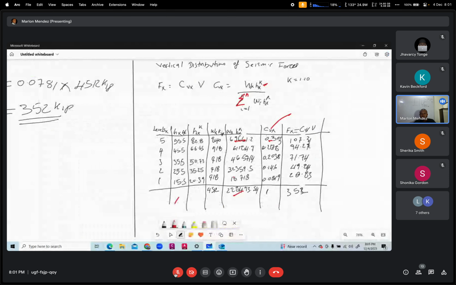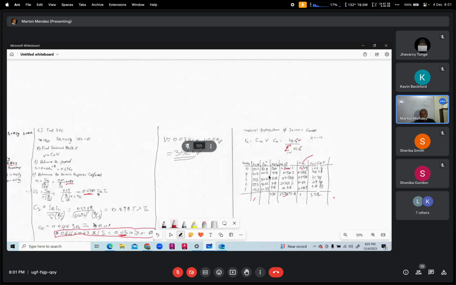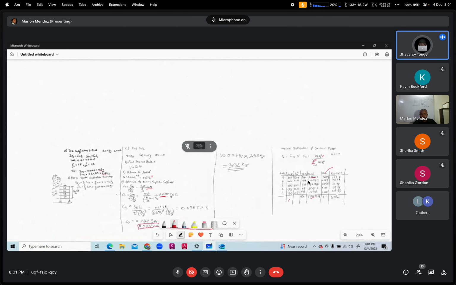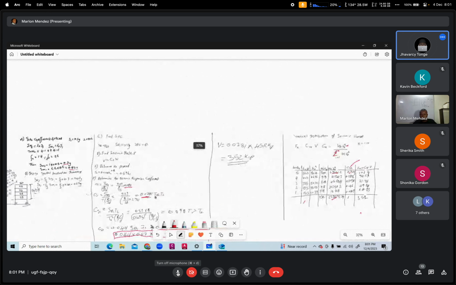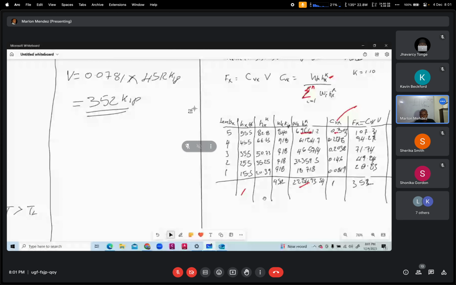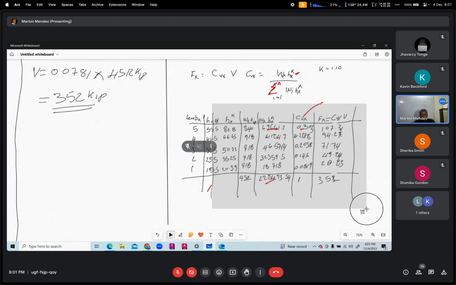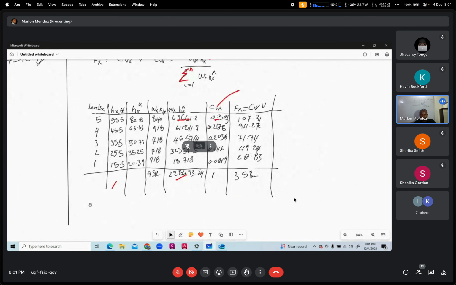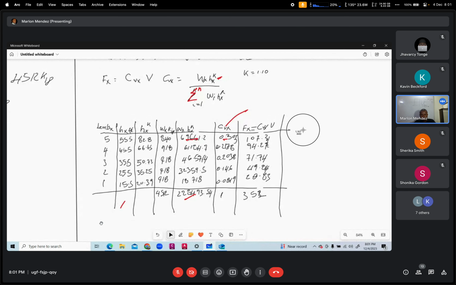So it won't get more complicated than this. Sir, when you're giving us a question, what is the overstrength factor and the deflection amplification factor for?